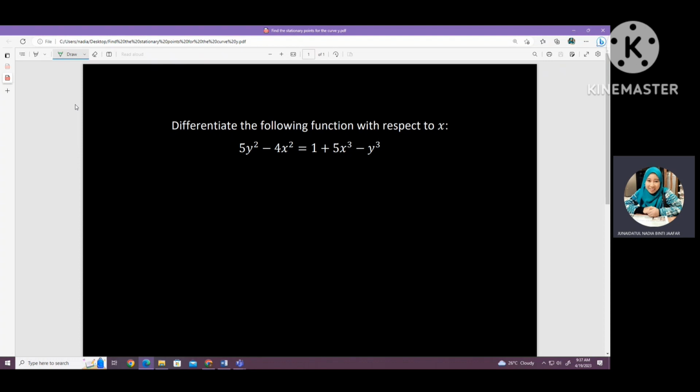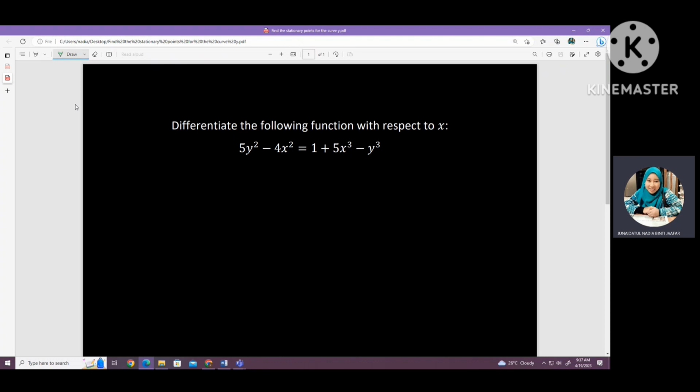So in this video, we will learn how to solve implicit differentiation. Before this, in the previous video, we already learned various types of differentiation techniques of a function.